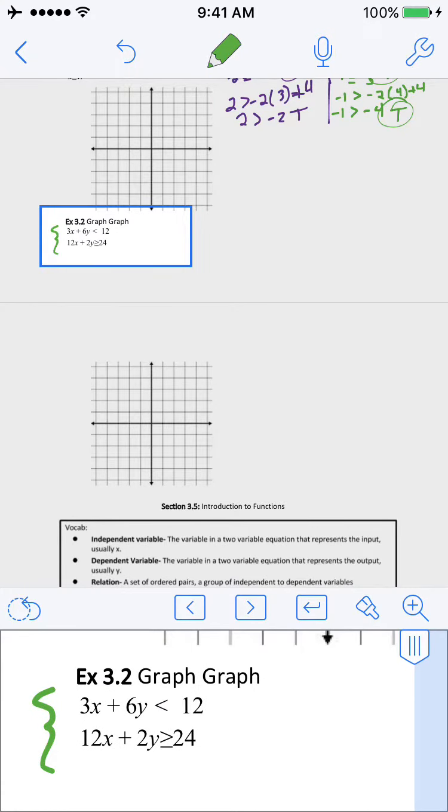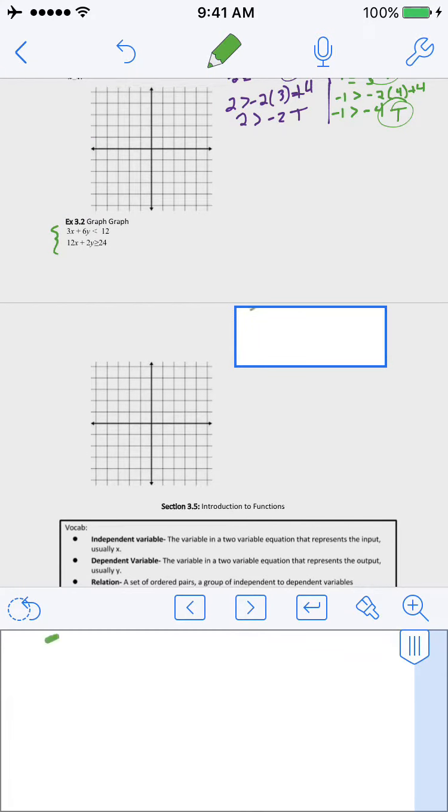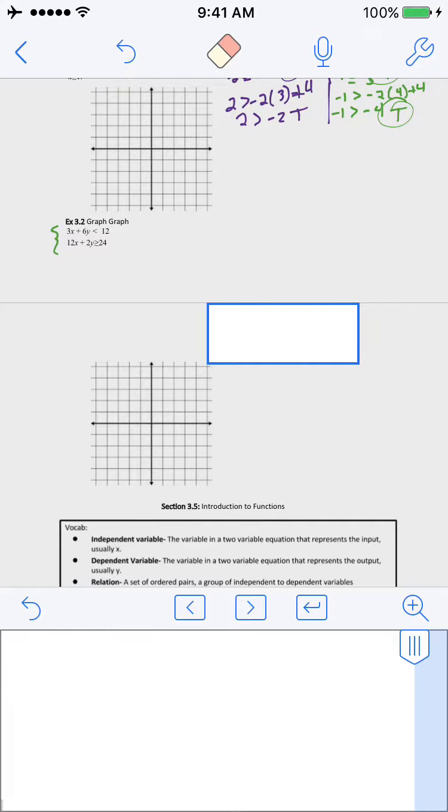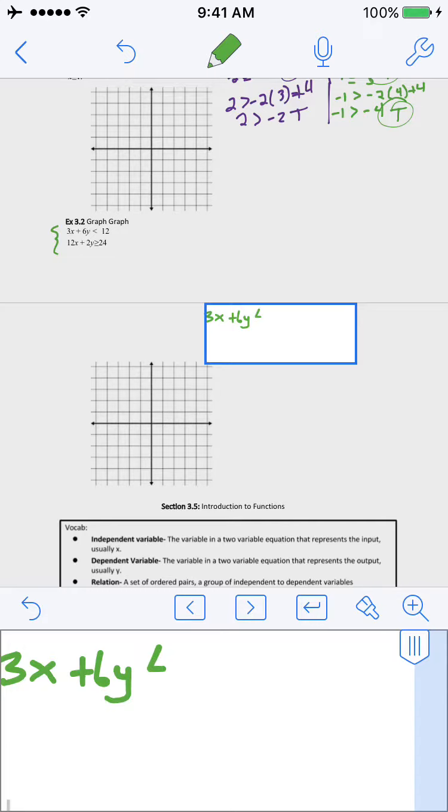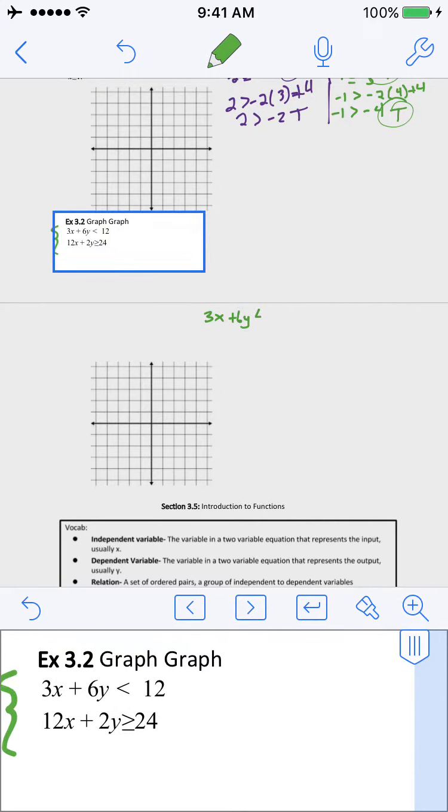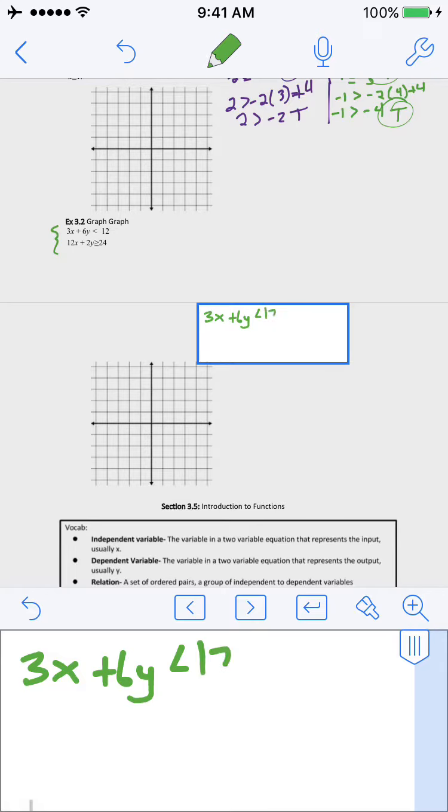I've got 3x plus 6y is less than 12. Strictly less than? Yes, strictly less than 12.